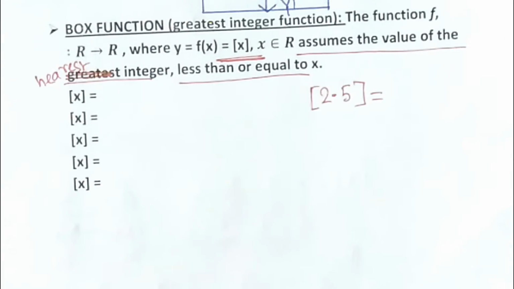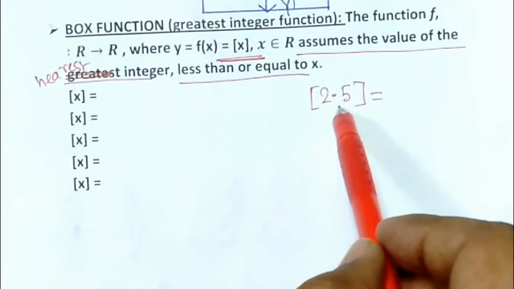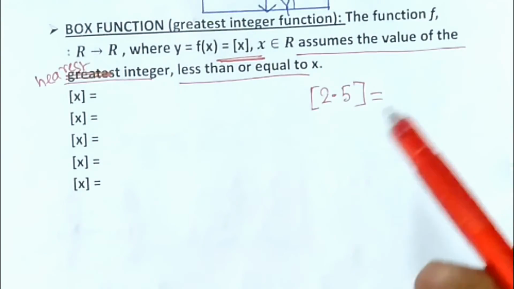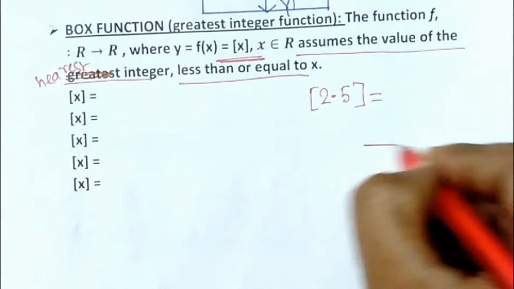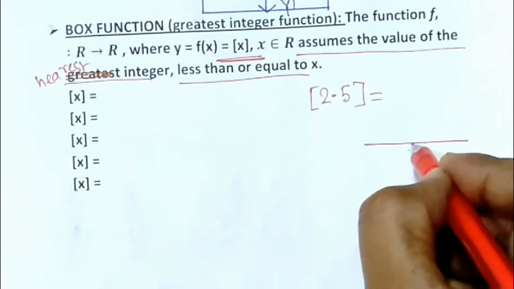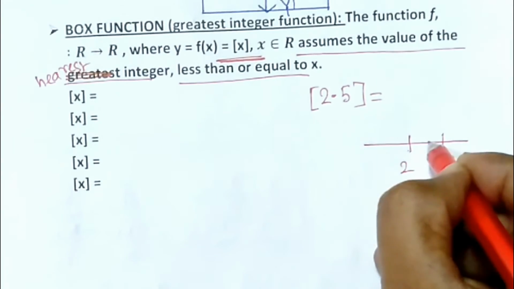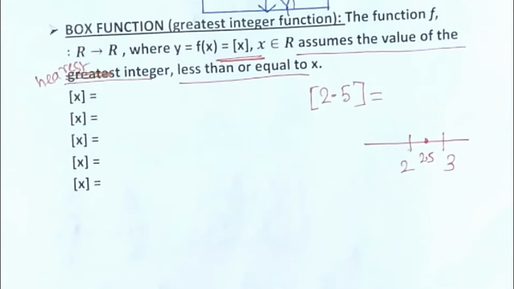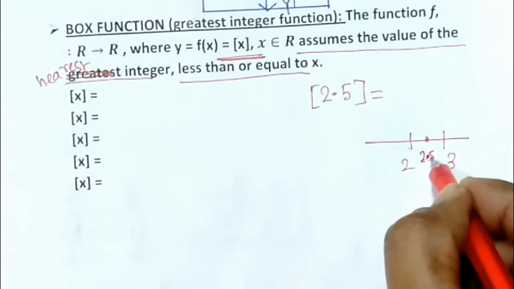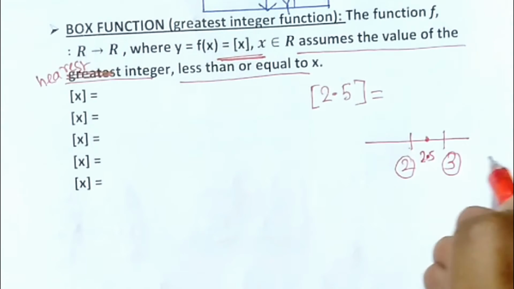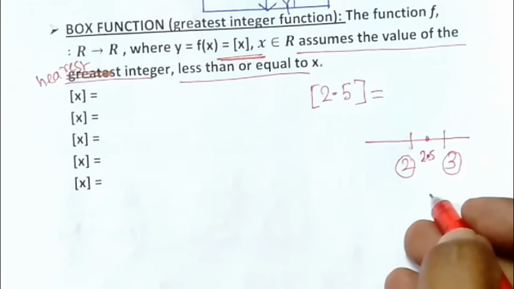Let's explain this line. Box of something will give us the nearest integer which is less than that number. Now look, if we take box of 2.5, on the number line 2.5 lies in between 2 and 3, right? There are two nearest integers of 2.5, and they are 2 and 3. Which integer will be selected for the box function?